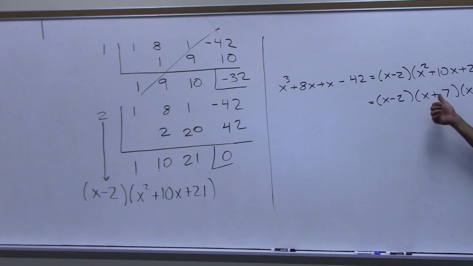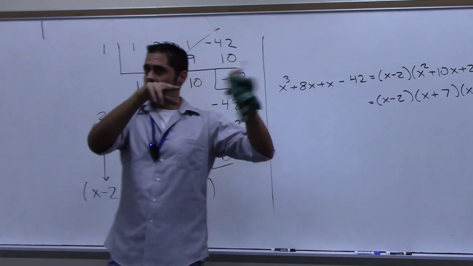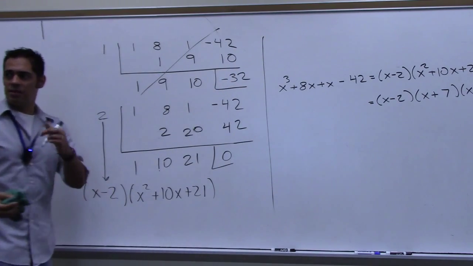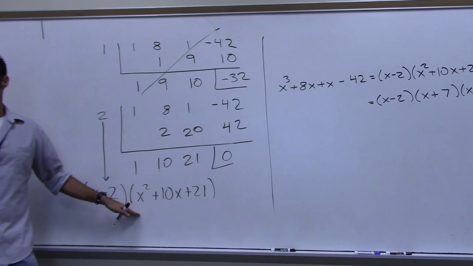Yay or nay? Yay. We've factored it. So we're done. Even though we had 16 candidates for the synthetic division, it only took us 3 tries to get it. And we were fortunate that what was left was doable.